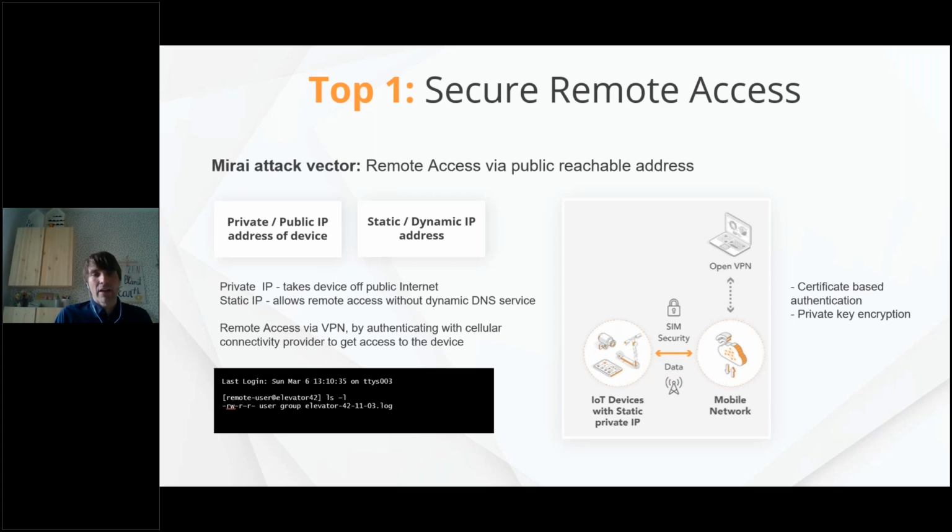Public IP addresses are not recommended because then your devices are on the public internet and an attacker could directly route traffic to the device. Private IP addresses are recommended because the devices are in a private subnet, and the attacker does not know where to route traffic to these devices.